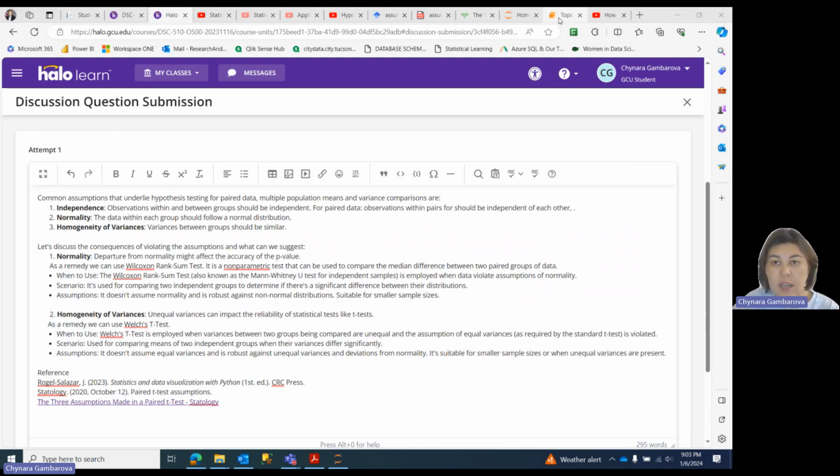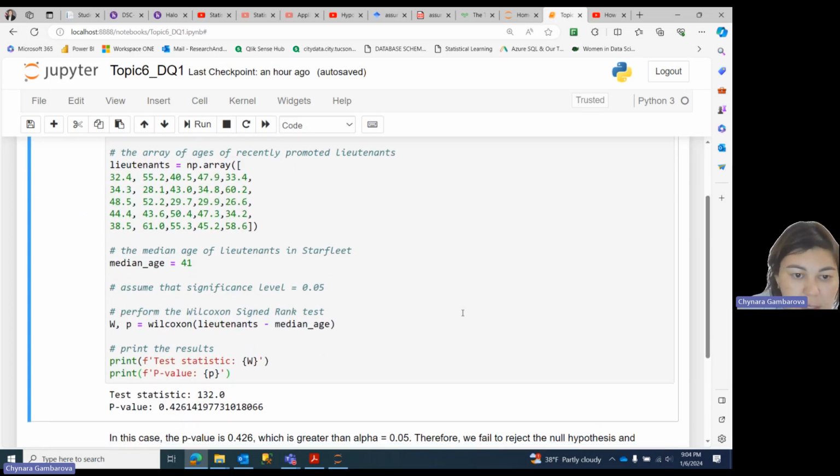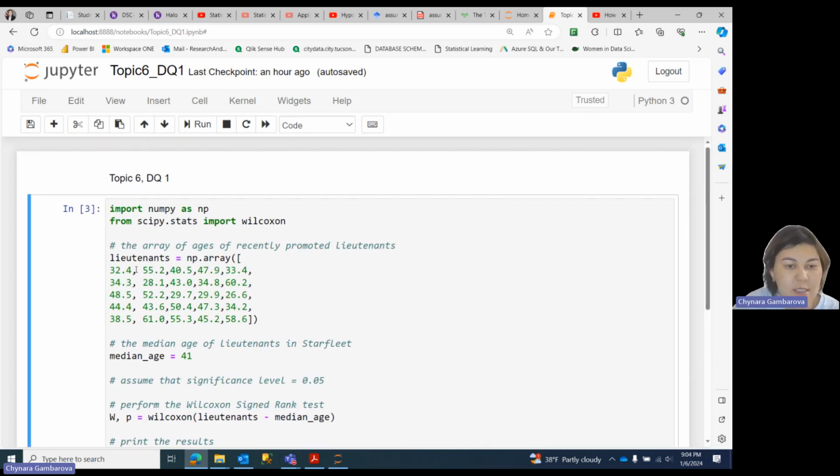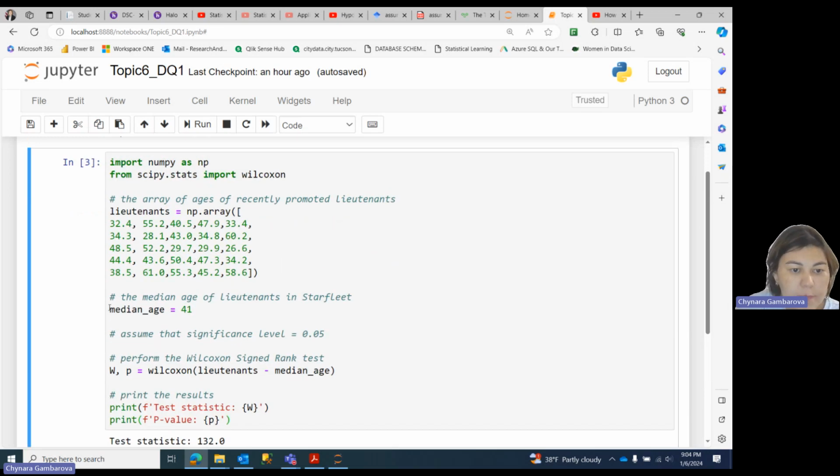And here I have an example. I am using the Wilcoxon test, but it is a one-sample test, and I used this example from the book, from the resources. Here we have an assumption that the median age of officers who get promoted is 41.